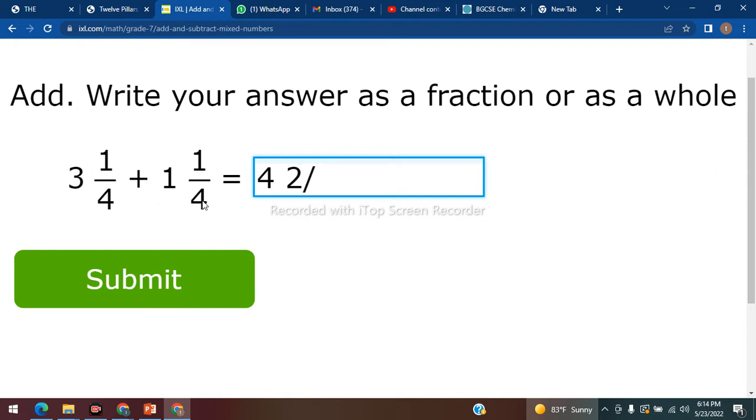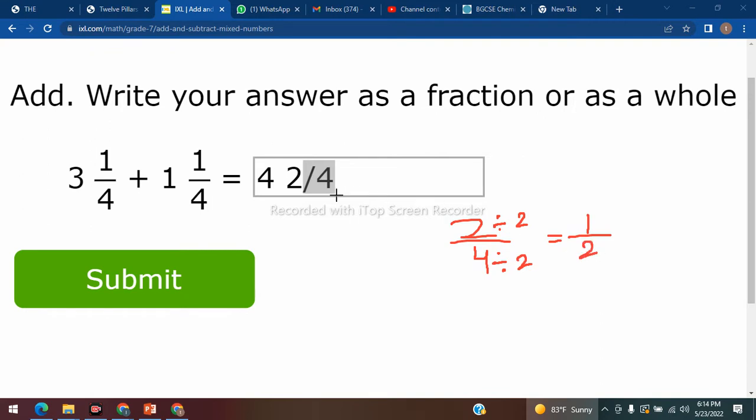But the problem is this 2 over 4 can be reduced, right? So it's 1 over 2, because if we have 2 over 4, we divide the top by 2, we divide the bottom by 2, and 2 divided by 2 is definitely 1, and 4 divided by 2 is definitely 2.